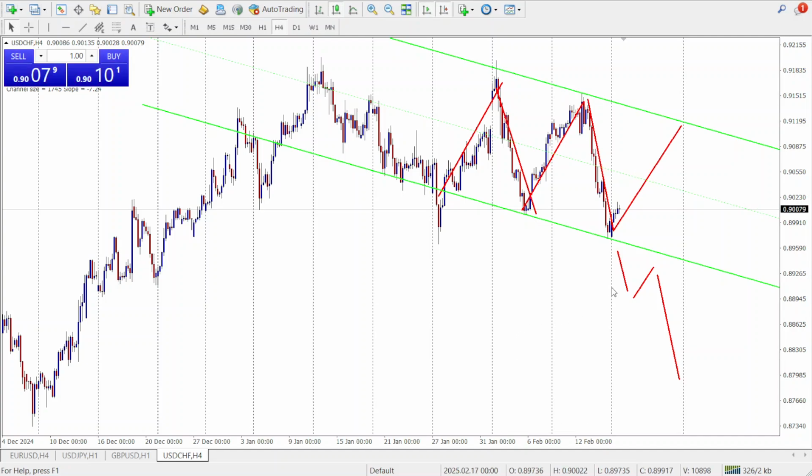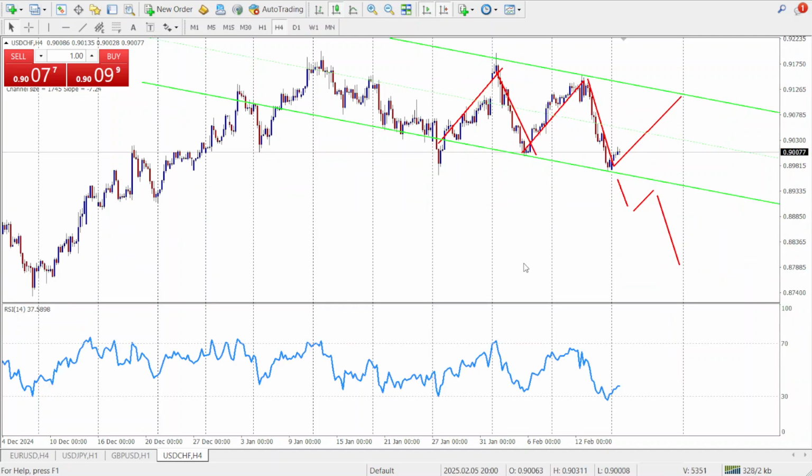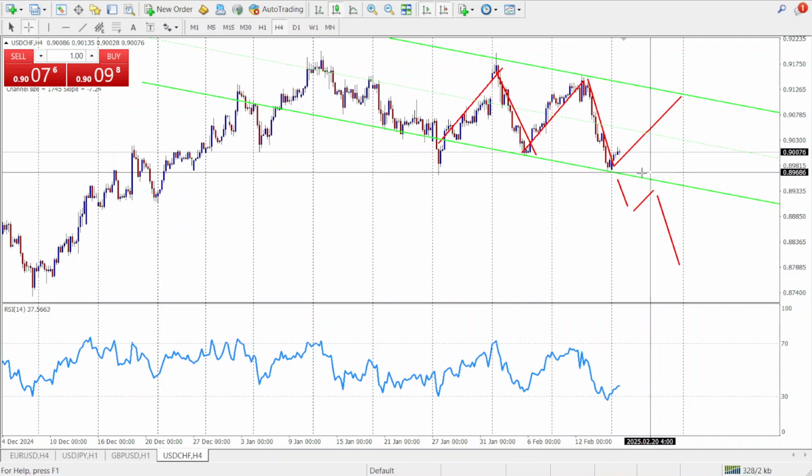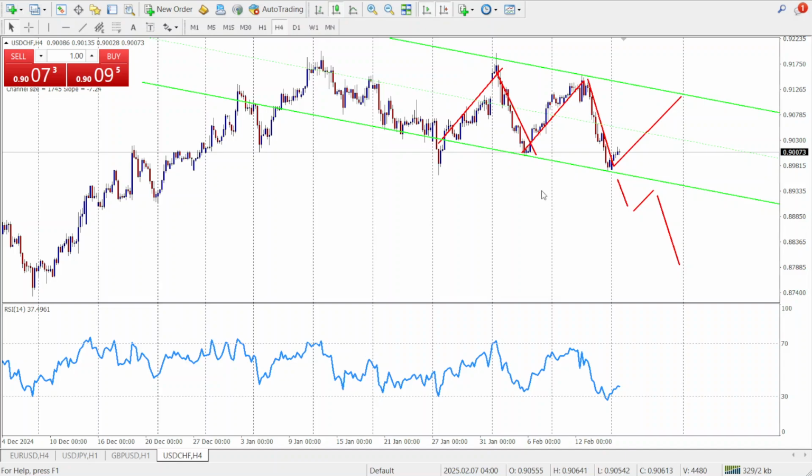If you want to trade the breakouts, you watch for price to break out of the channel, because a strong breakout can signal a potential trend reversal or acceleration. And you might want to combine this with momentum indicators like the RSI or perhaps the MACD for the purpose of confirmation.